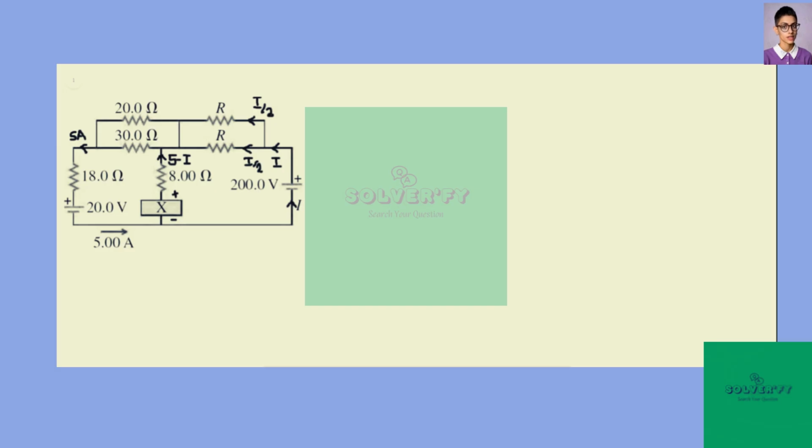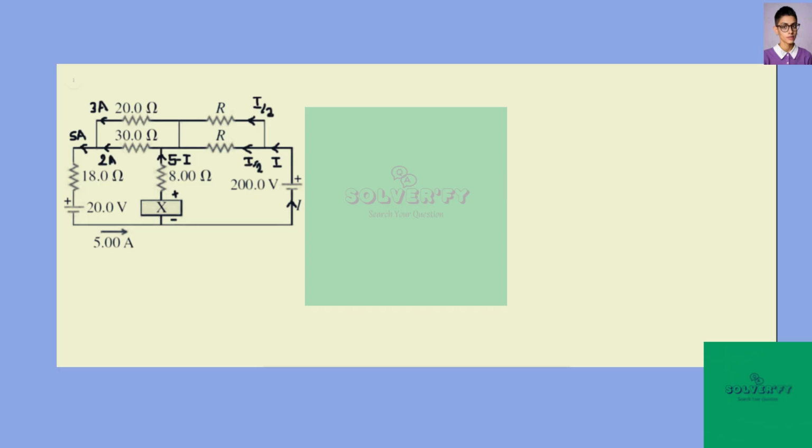So if you divide this 5 ampere current into the ratio of 3 by 2, that becomes 3 ampere and 2 ampere. So this should be 3 amperes and this should be 2 amperes, so that together they become 5 amperes, and the ratio is inverse to the ratio of resistances. All right, so I guess we are done.